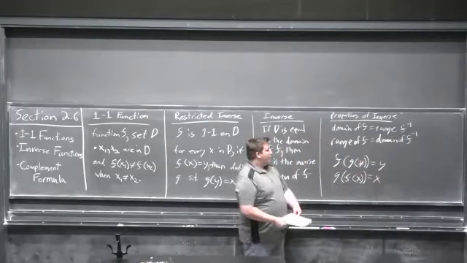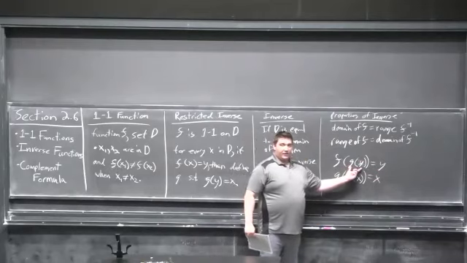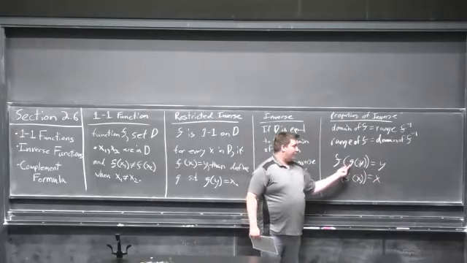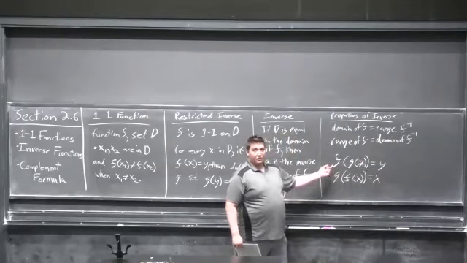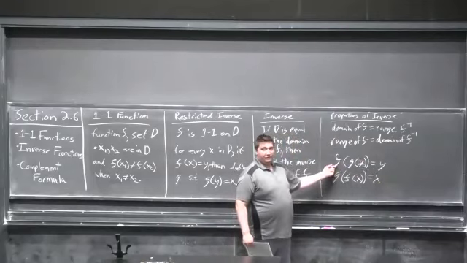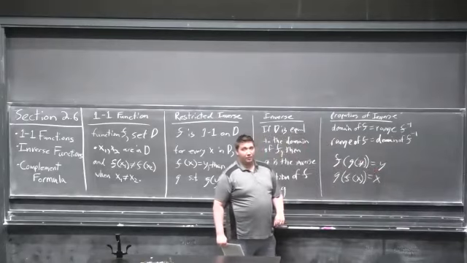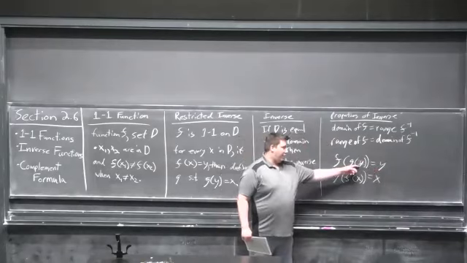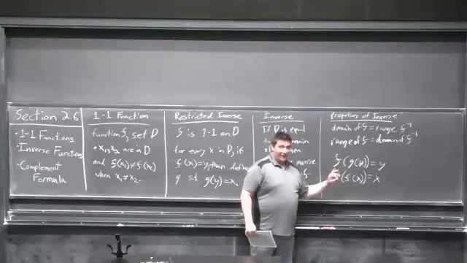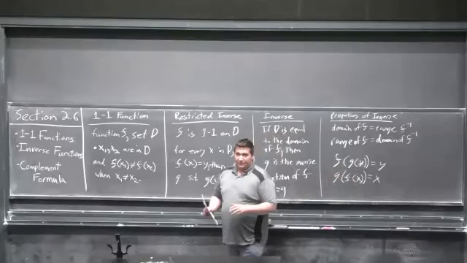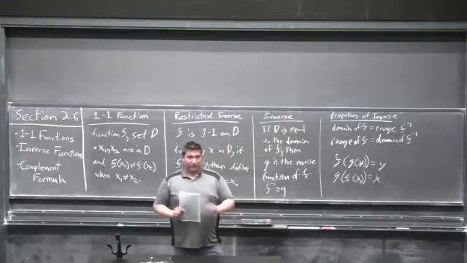Meaning, if I start with an element, by applying the restricted inverse and then the function, I'm going to get my element back, or whatever my input element was. And this works for either case, as long as I'm consistent about where I'm pulling it from.